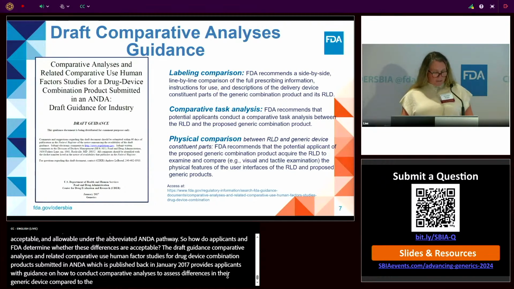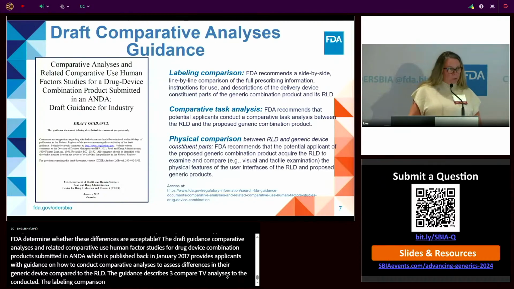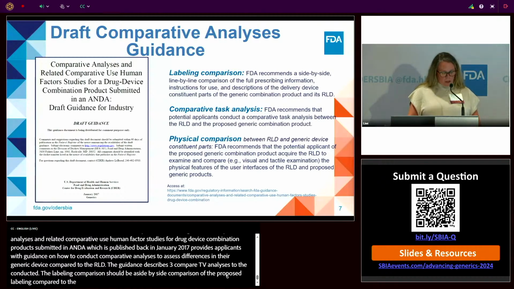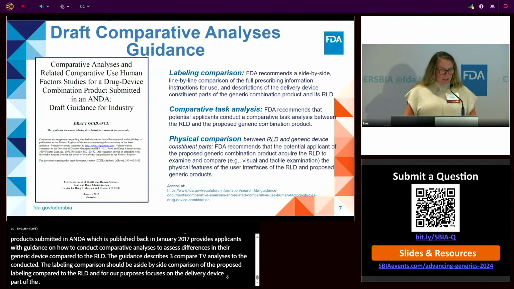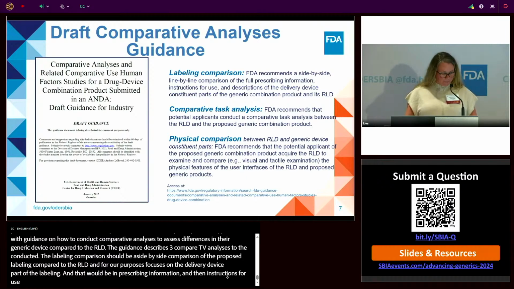The guidance describes 3 comparative analyses to be conducted. The labeling comparison should be a side-by-side comparison of the proposed labeling compared to the RLD, and for our purposes, focuses on the delivery device constituent part of the labeling, and that would be in the prescribing information, in the instructions for use, and then any other related labeling.